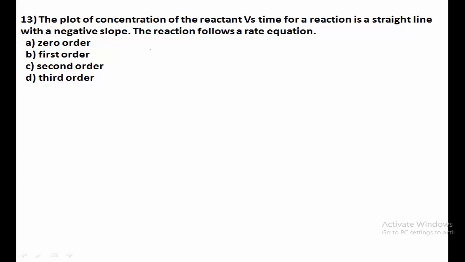Here what they have given is a graph plotted of concentration against time. Now they got a straight line with a negative slope. Negative slope means it can be represented like this. The slope of this straight line is negative, and here the slope is minus k.